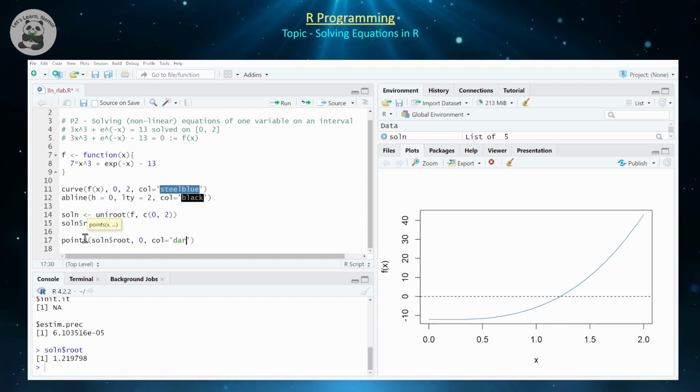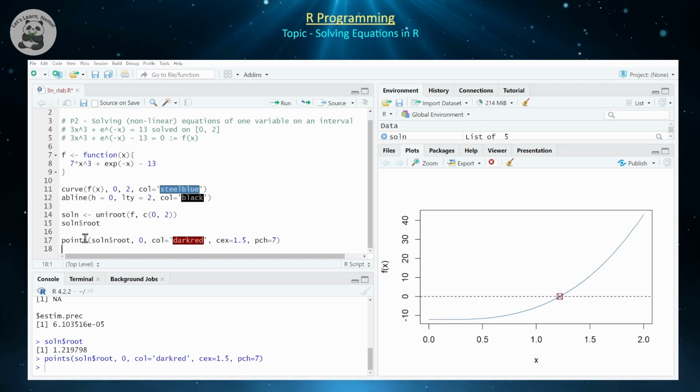Let's do dark red. Let's see, cex is equal to 1.5, that's how big that point is, and pch is the type of shape, like triangle, square, circle, whatever shape. Let's do 7 for the square with the cross in it. So notice that our little point goes exactly where that dotted line and that blue curve cross.